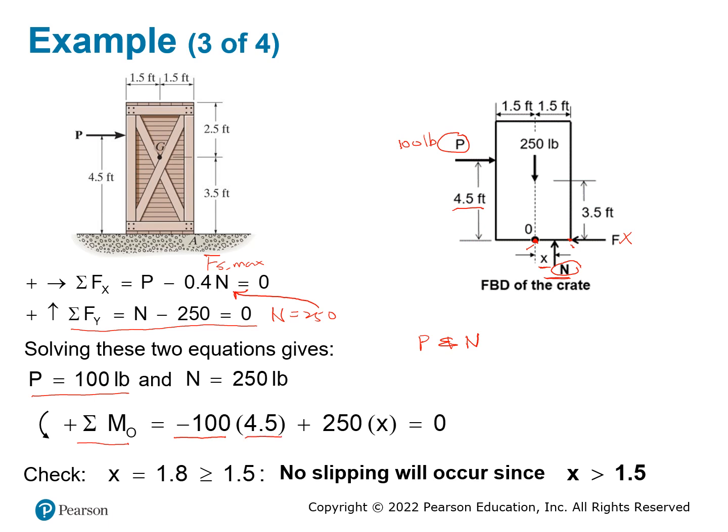For N, we solve the N is 250, so 250 is our N, and we don't know the x, we try to find out x, so here is the x. Once you solve this one, you will get the x, and the x is going to be equal to 1.8.